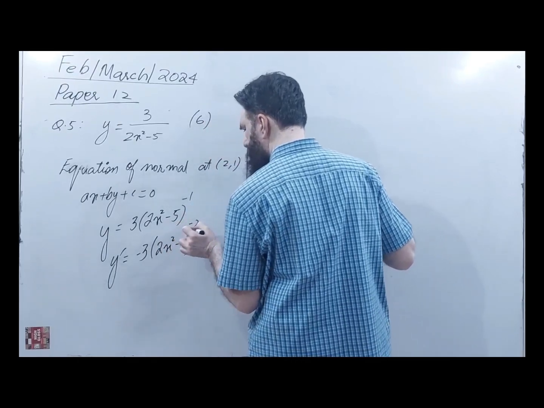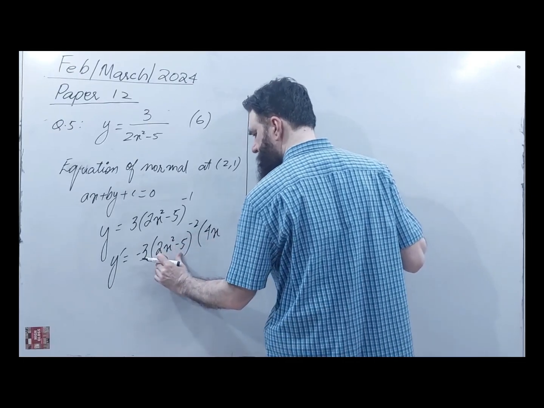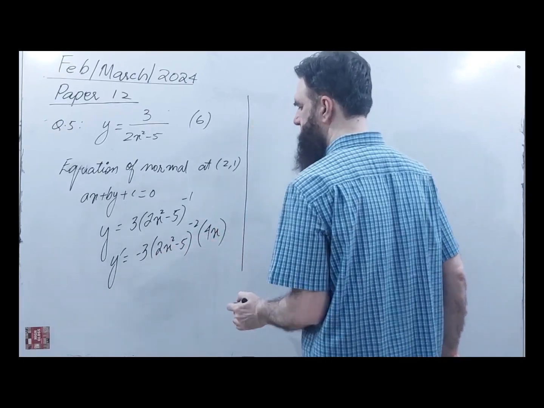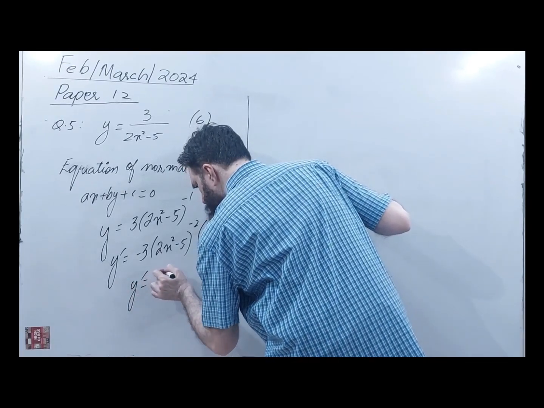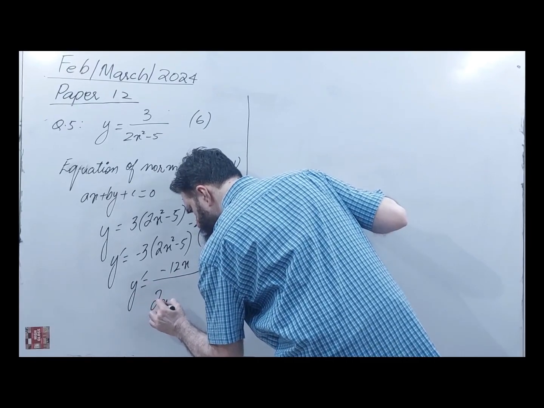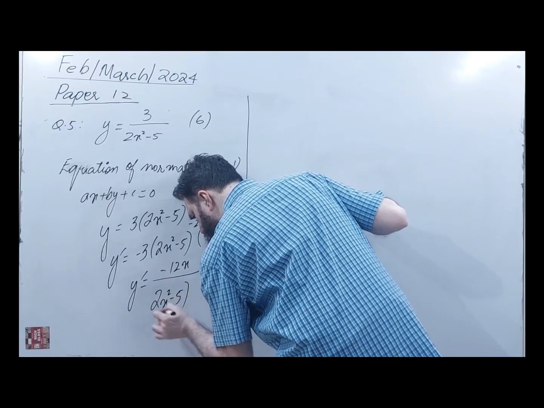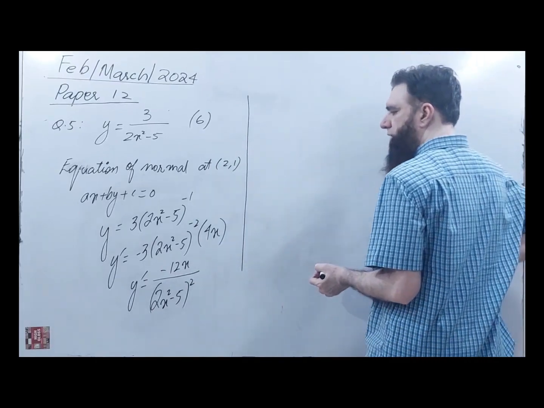And you subtract 1 from the power, and you then multiply by the derivative of whatever is inside the bracket. It is 4x. So finally the y dash is minus 12x upon (2x squared minus 5) whole power 2. Always simplify this.